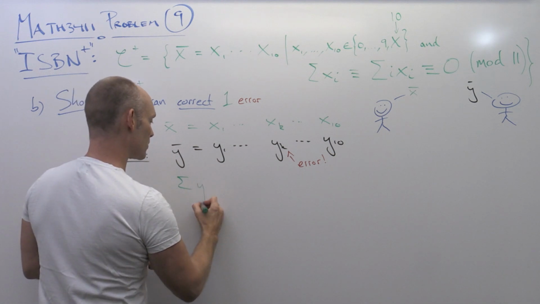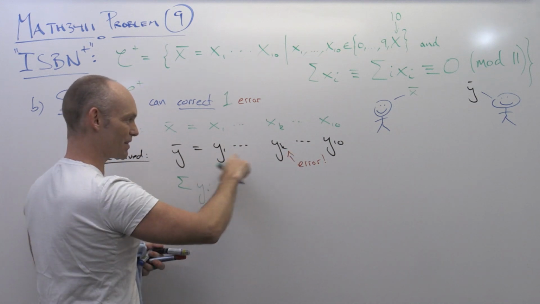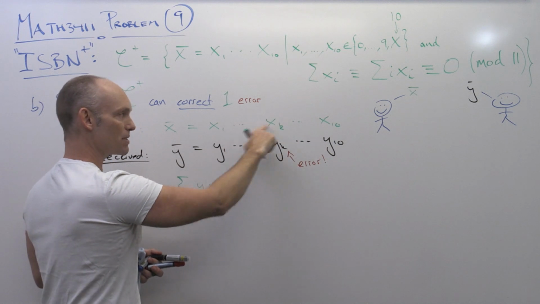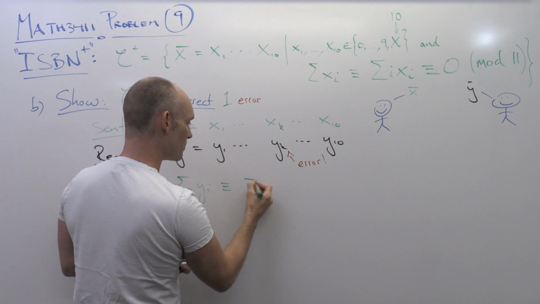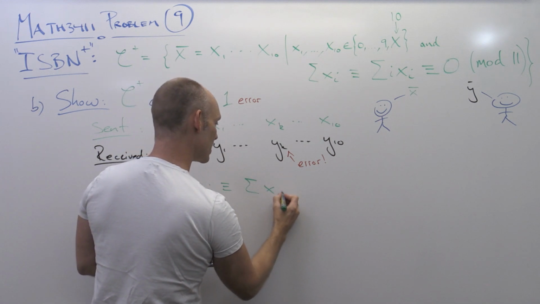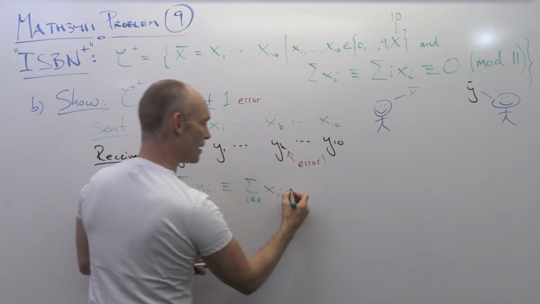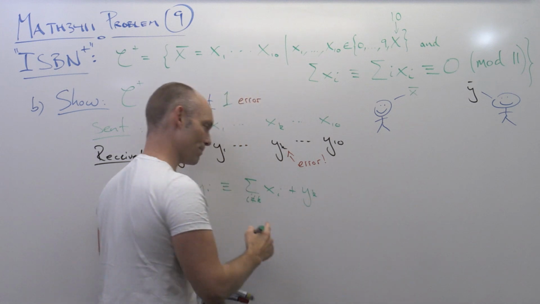So let's add the black or the y elements together. Now all of them are the same as the x's except for that one there. So if we're adding all of these y's together, we get that that's the same as the x's for all the indices not equal to k, and then we have that one here, yk.